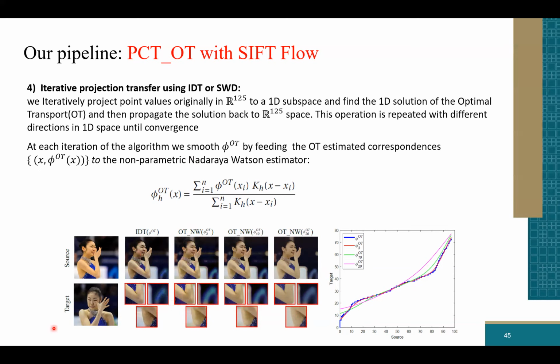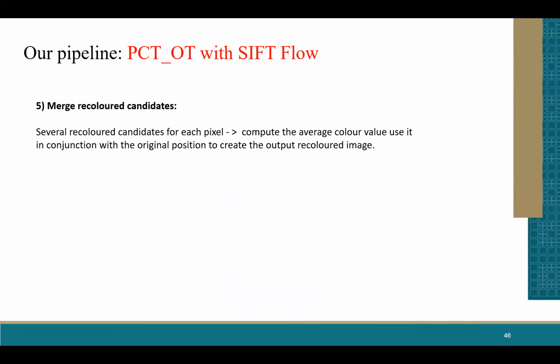So we fix H at 10. We experimented and found that it's the best value for all the images. We can also optimize H with an equation, but for simplicity, we fix the value.